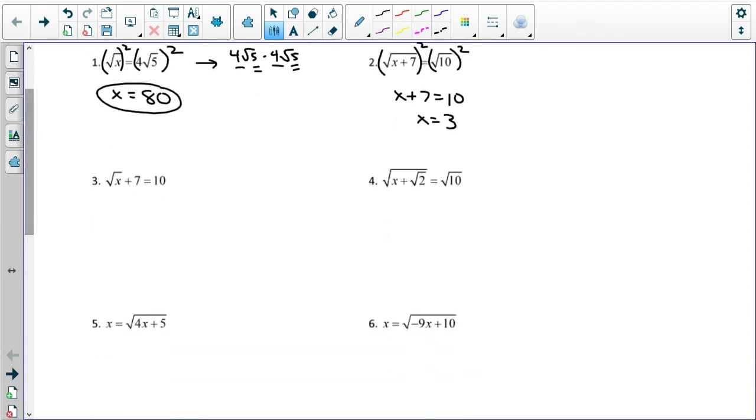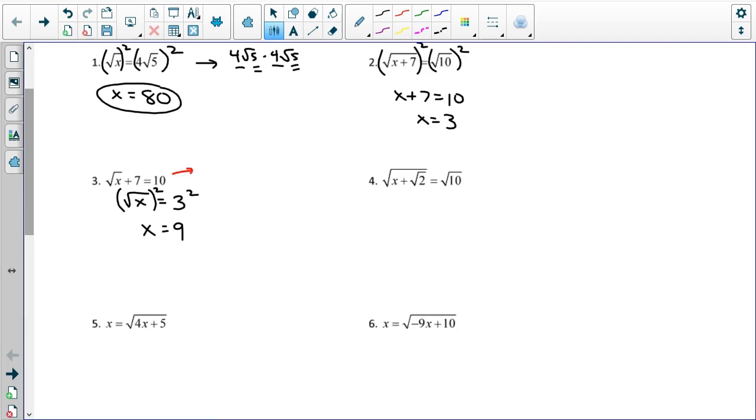Problem 3, we just subtract 7 from both sides, and we get the square root all by itself. Then after we get the square root all by itself, we'll square both sides and we get x equals 9. Problem 3 is where we start to get into danger zone, because if we think we can square both sides at the beginning, we technically can.